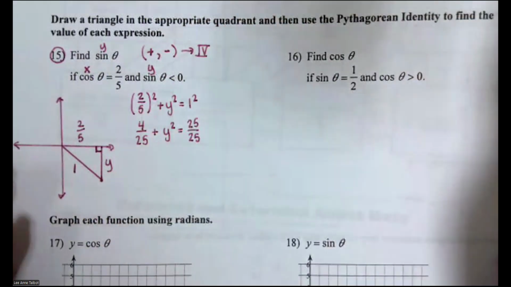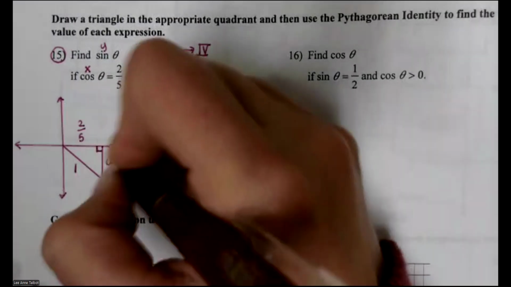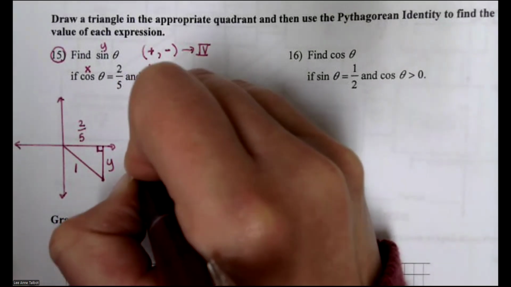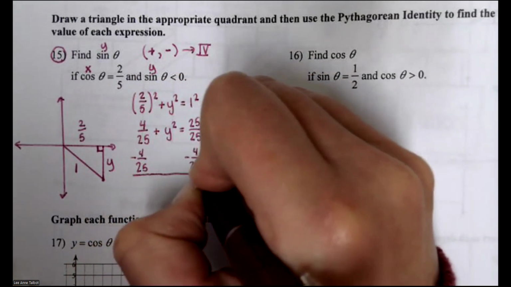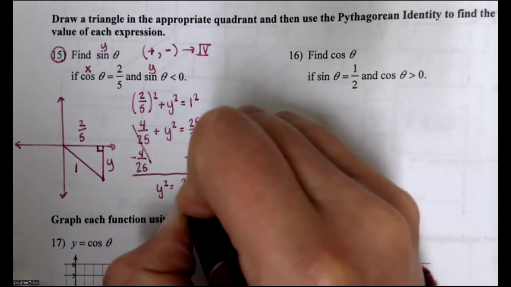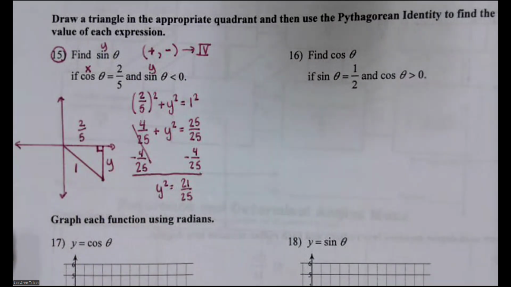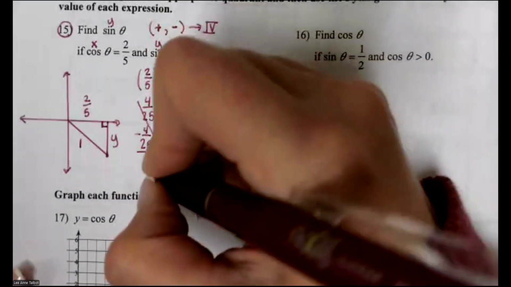Is it okay if I jump straight to 1 squared being 25 over 25? I wrote 1 last time and then did a second step where I did 25 over 25. Minus 4 over 25. Now this one is not going to be as satisfying, but it's still okay.